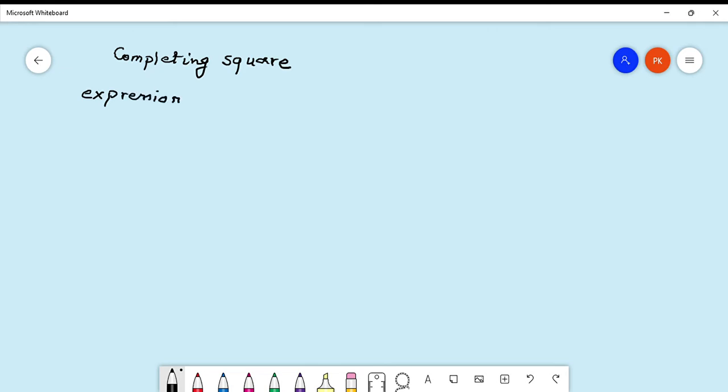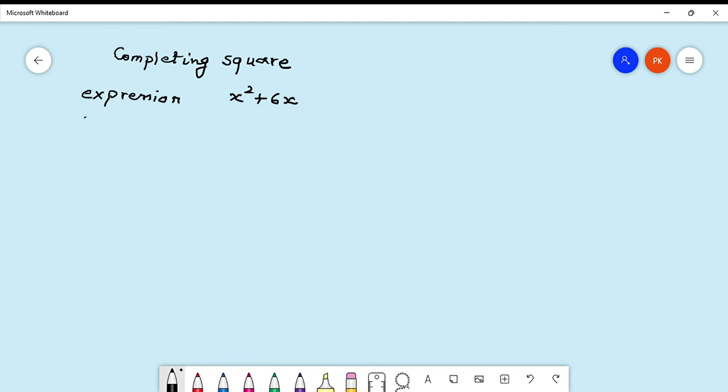To understand this concept, let us just consider this. Suppose I have x square plus 6x. Now see that I am not equating it to anything. That means I am not showing the result, x square plus 6x is equal to what? So this becomes an expression.